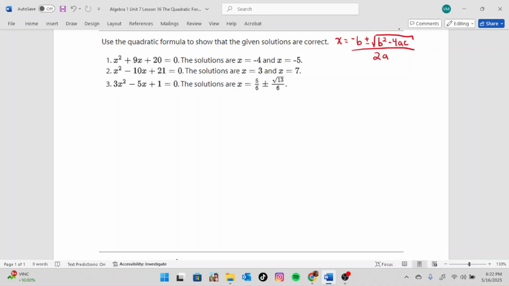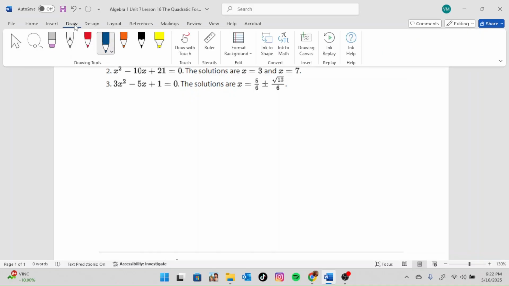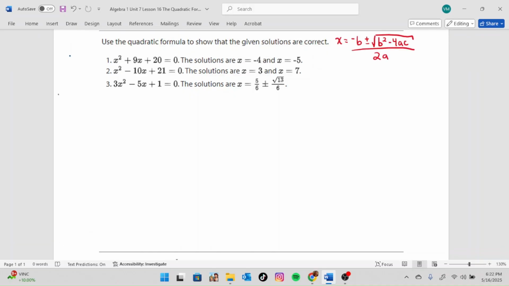So all we need to do is identify the a, b, and c terms, substitute them into the formula, and solve to get the answers. So on number 1, remember that the a term is the number with the x squared.